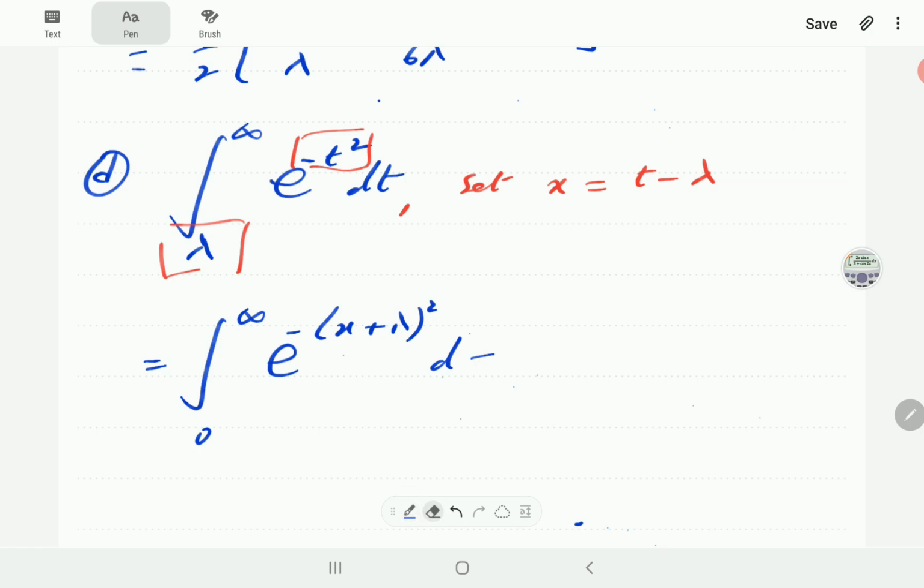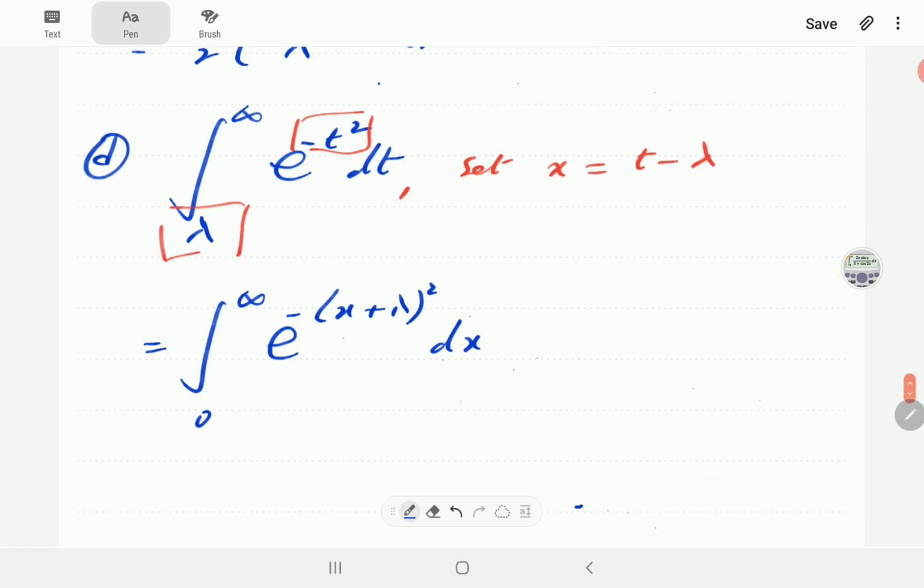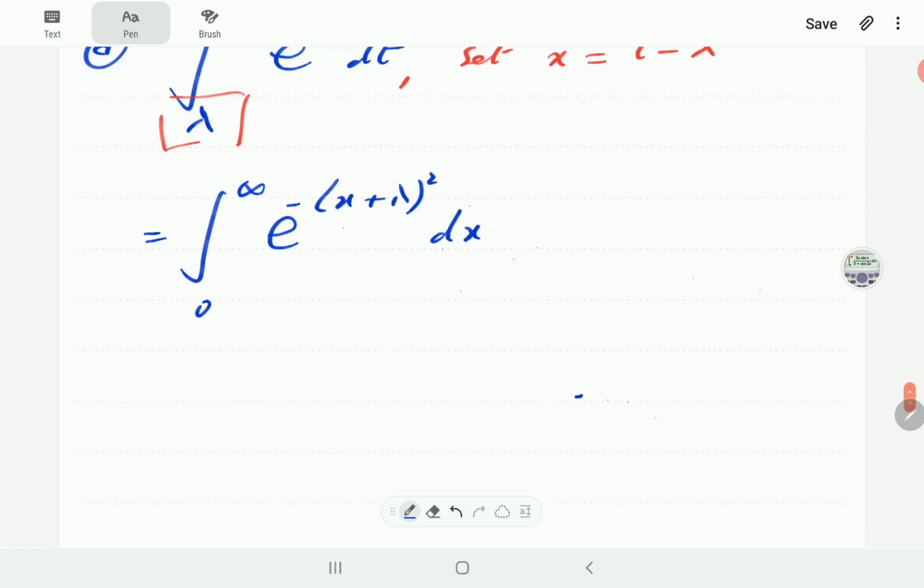So we're going from t to x. This of course is the same as the integral of e to the minus x squared minus 2 lambda x minus lambda squared.